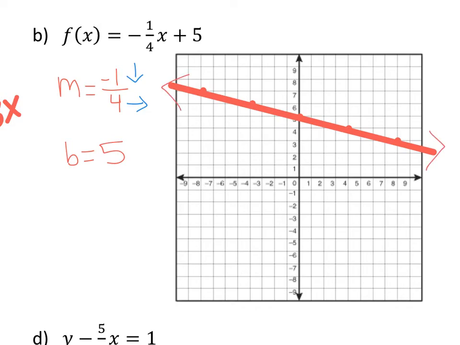Label it. f(x) = -1/4 x + 5. Make sure you put the arrows on either end of your line because they are lines and they go forever in both directions.